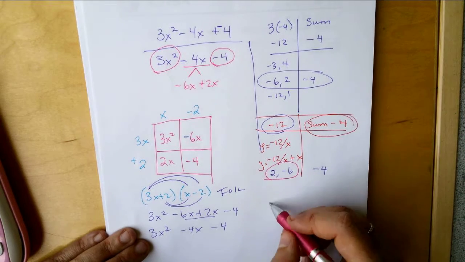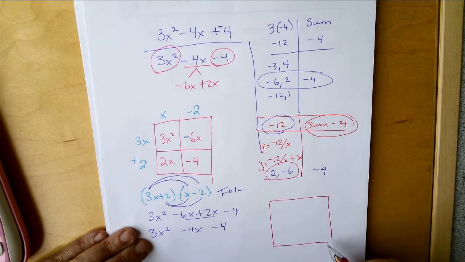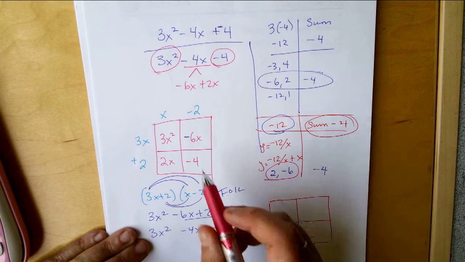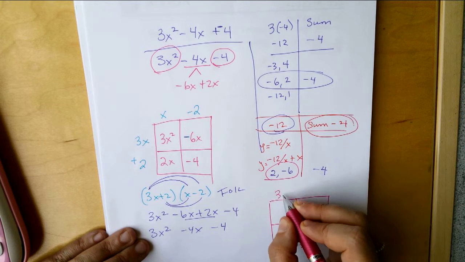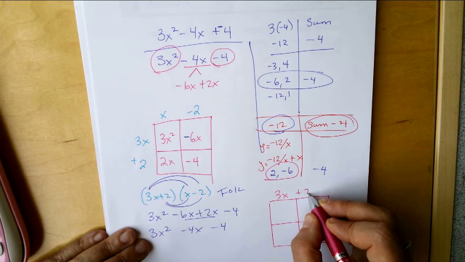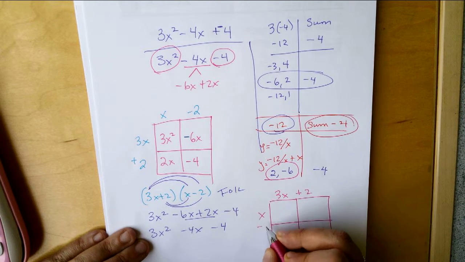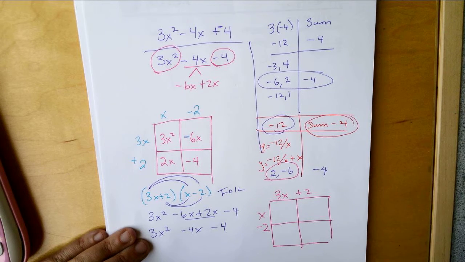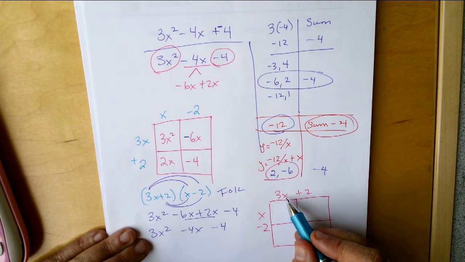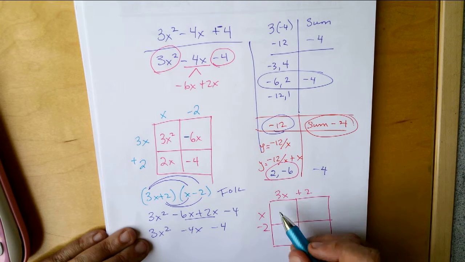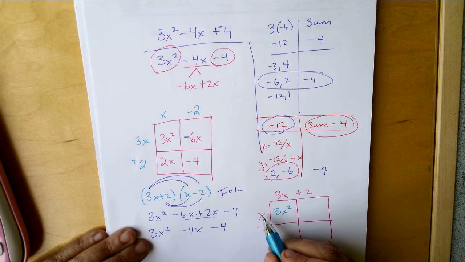And actually, why don't I just show really quick how you might multiply it using this box method, because that's where this idea of factoring comes from. So if this is the same thing, if I say 3x plus 2 and x minus 2, I'm foiling using a box by just saying, what's 3x times x? It's 3x squared.